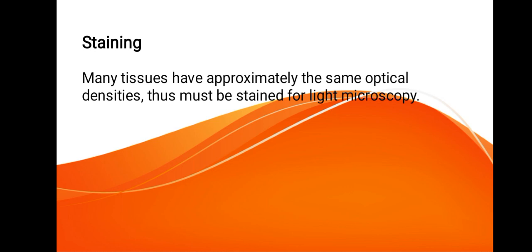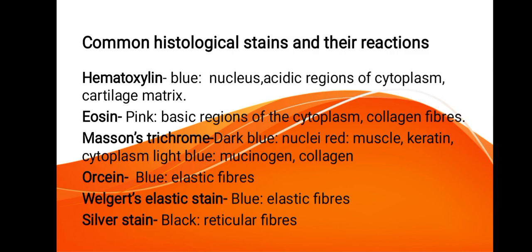Many other stains are also used in the preparation of specimens for histological studies. Some of these include hematoxylin and eosin, which we've already talked about. We have Masson's trichrome, which forms dark blue in the nuclei, red in muscle and keratin cytoplasm, light blue in mucinogen and collagen. We have orcein that forms brown in elastic fibers.